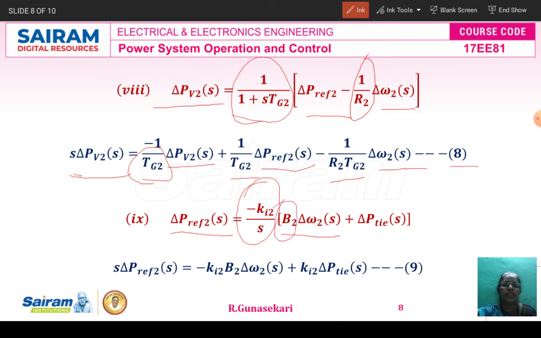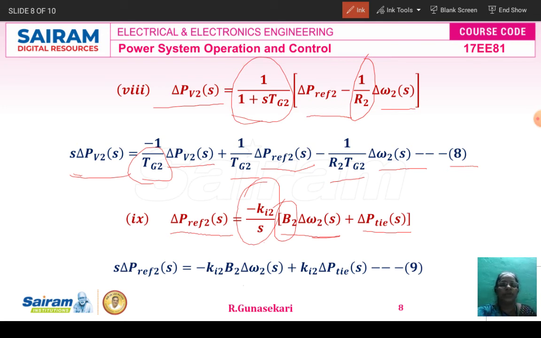The B2 is the frequency bias block for area 2. Then Δω2 of s plus ΔPtie of s. After simplifying this equation, s into ΔPreference2 of s equals minus Ki2 B2 Δω2 of s plus Ki2 ΔPtie of s.